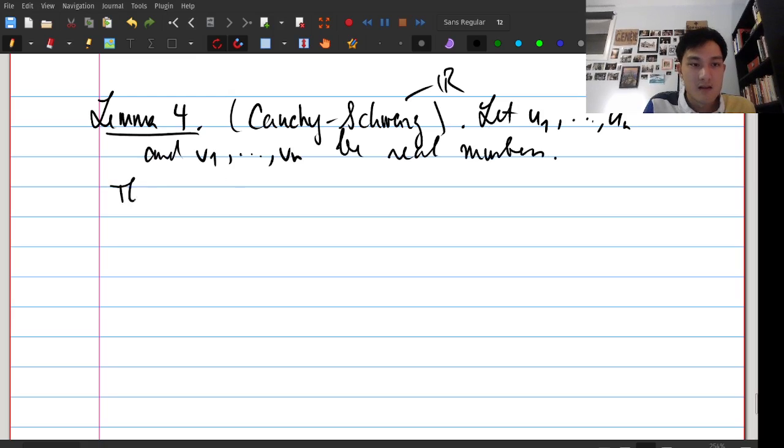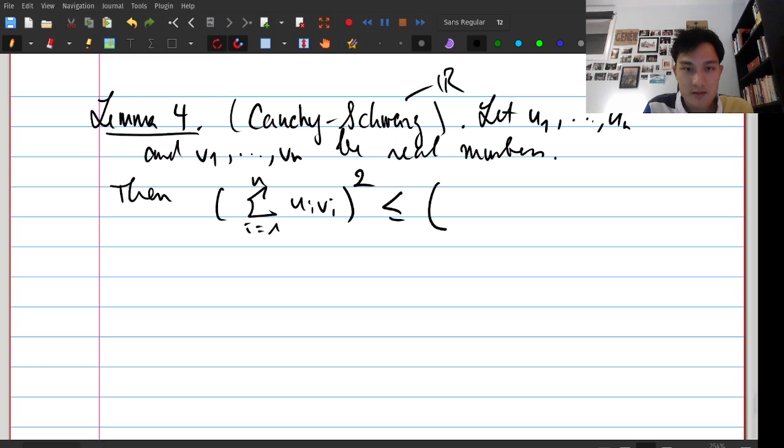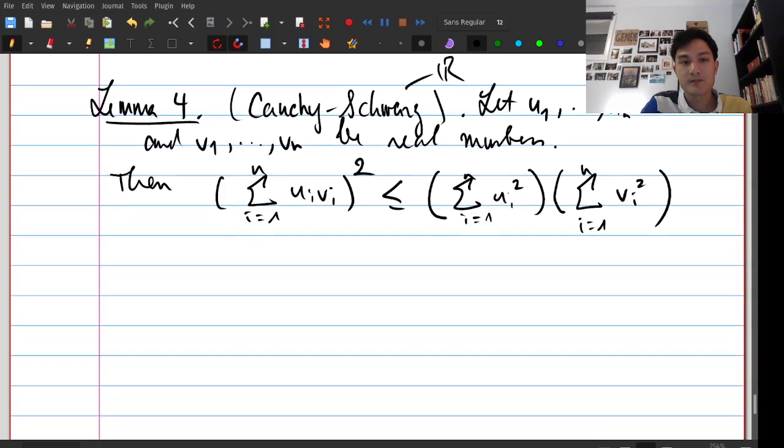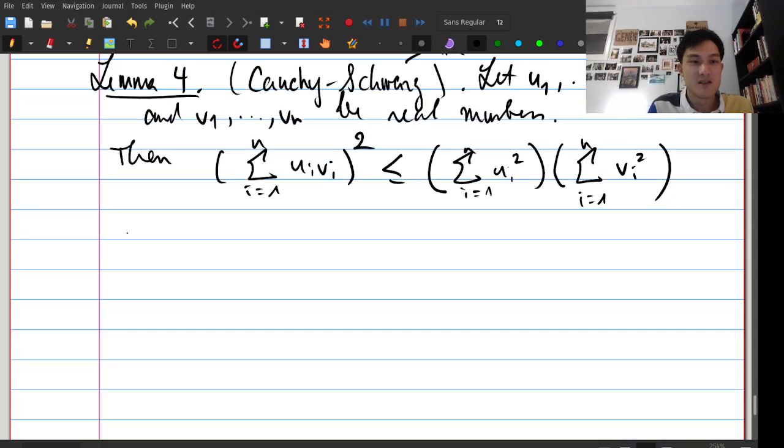Then this is the Cauchy-Schwarz inequality: the sum from i equals 1 to n of ui vi, squared, is less than or equal to the sum from i equals 1 to n of ui squared, times the sum from i equals 1 to n of vi squared. And I'll give a nifty proof, the one that I saw.